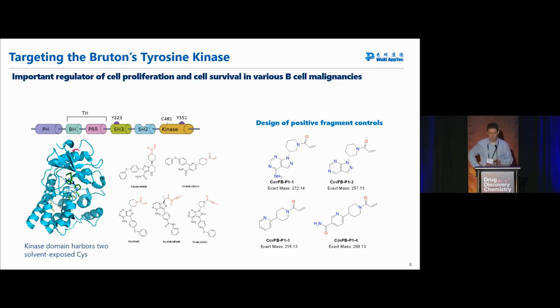In order to set up the assay, our medchem team established tool fragments for us based on the known structures of the covalent inhibitors, and that was very useful in order to establish the assay.